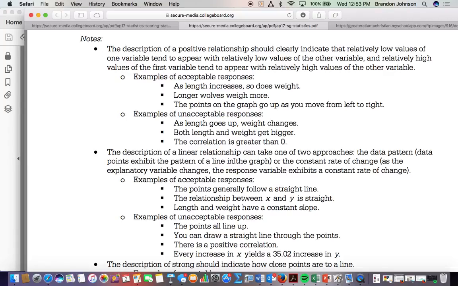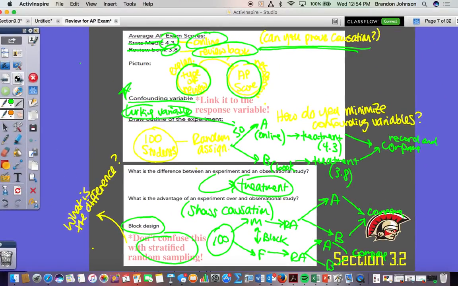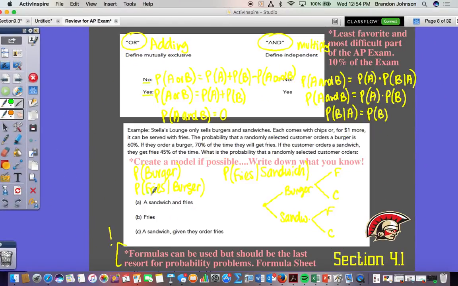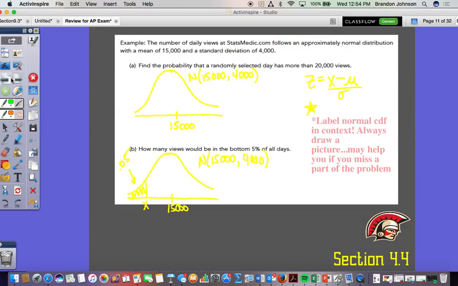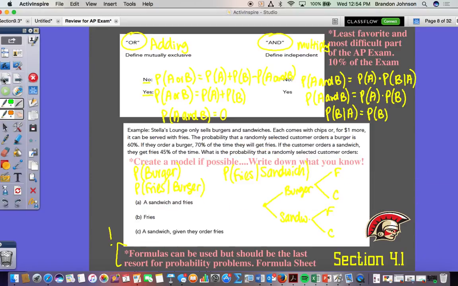This is the predicted weight for a wolf that is 1.4 meters long, 32.57. So actual minus 32.57 equals negative 9.67.